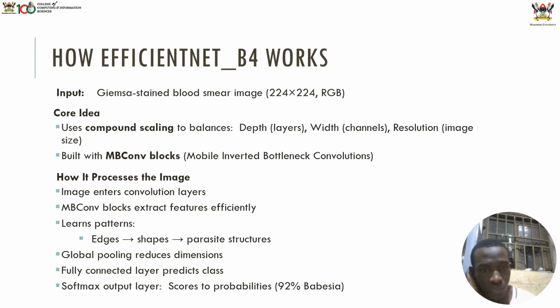Then this is how we process our images. Initially, after uploading our image in the model, our convolution layers start their particular work, for example analyzing the image, expanding, and then applying the depthwise convolution plus the compression. Then we have our feature learning. As the image moves deeper into the network, it learns patterns step by step.